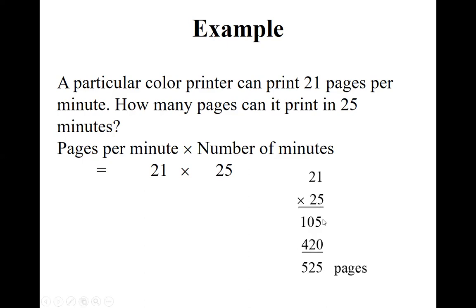We do 21 times 25. 5 times 21 is 105. Move over 1, placeholder 0. 2 times 21 is 42. Add the partials, 525 pages.